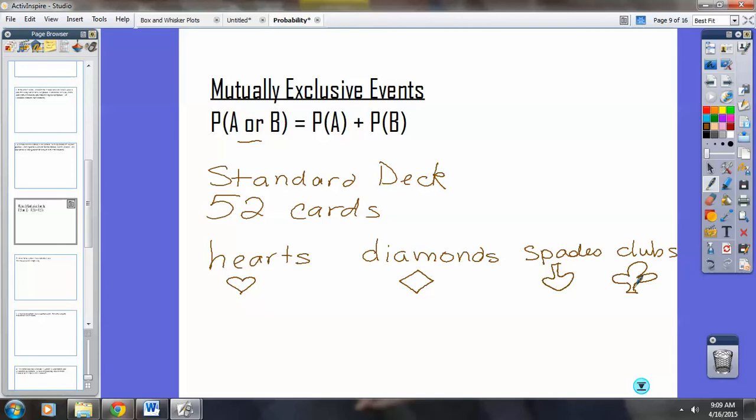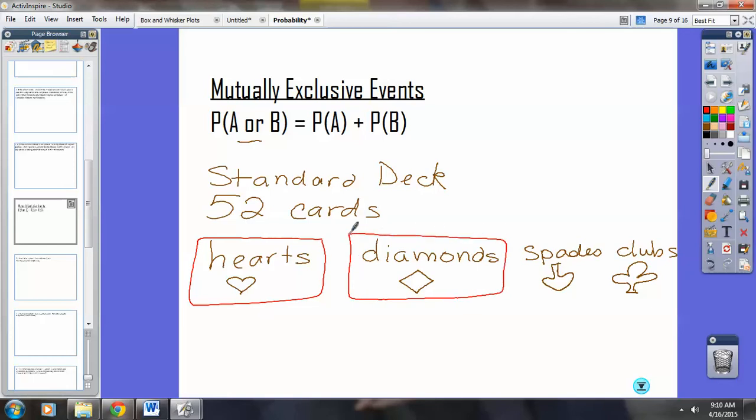Now, in a deck of cards, there are some red and some black, right? Which ones are red? Hearts and diamonds. Those are red. And spades and clubs are black suits. So we have 52 cards. Those 52 cards are divided into 4 suits: hearts, diamonds, spades, and clubs.